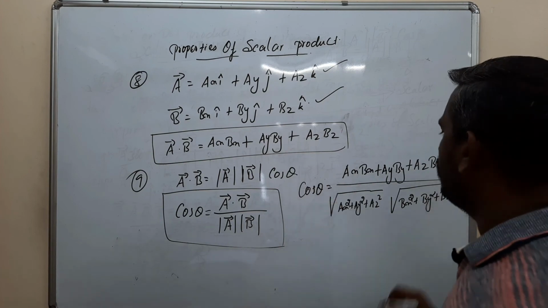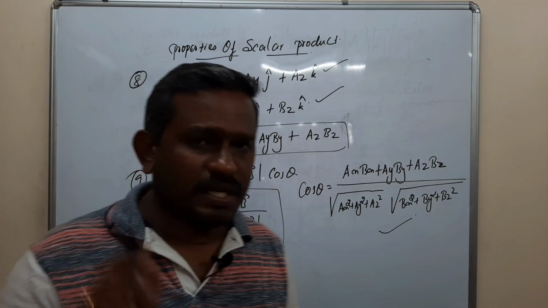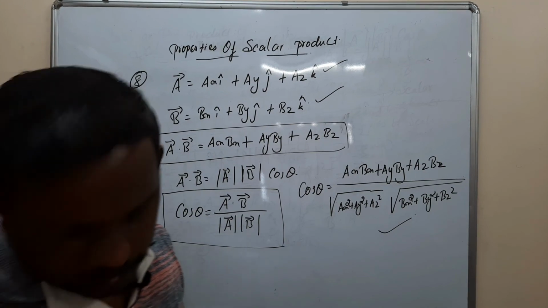So this is the formula. These are the properties of the dot product.